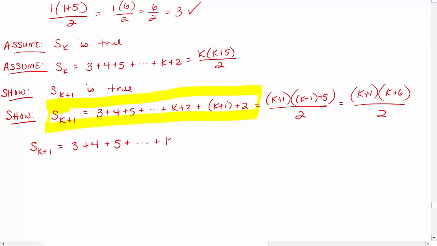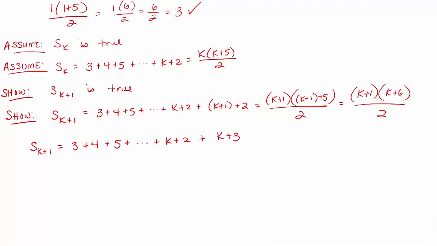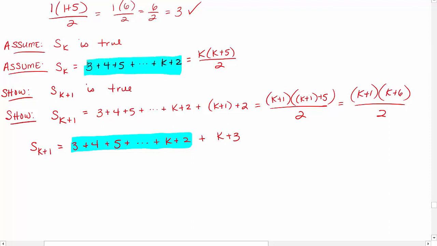And I'm going to go ahead and clean up this last term and make that k plus 3. Well, this here looks really familiar. That looks like this right here, which we assumed is equal to k times k plus 5 over 2.